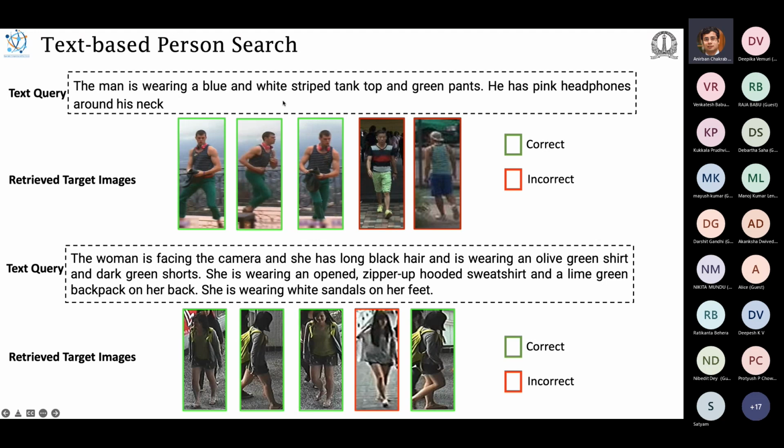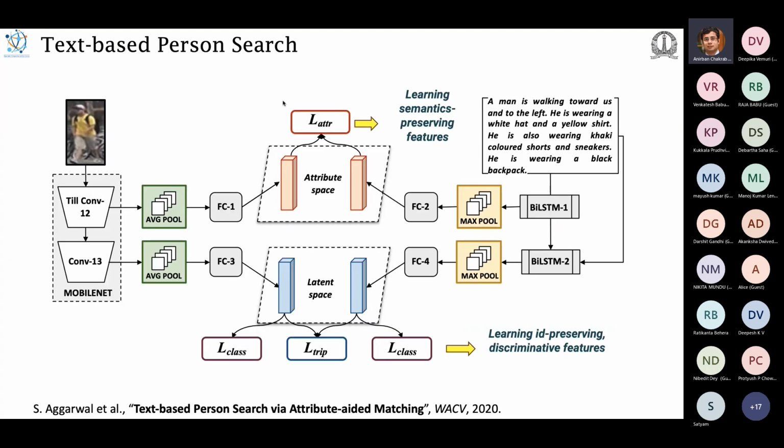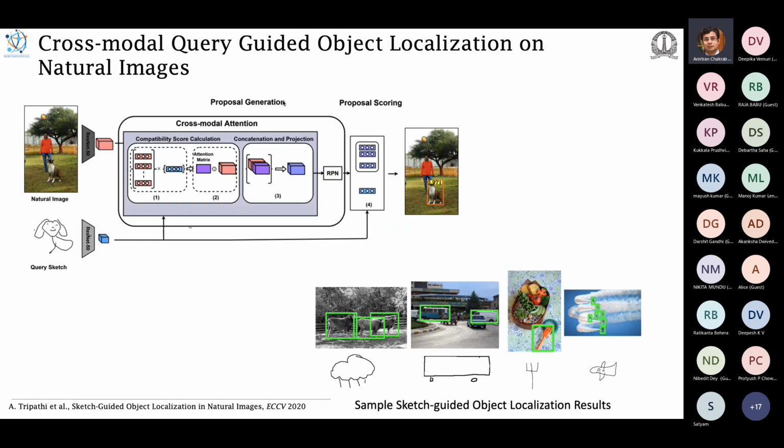With this, you need to search your gallery, basically all these cameras, and come up with the correct matches. This is the area of text-based person search, which is not only a realistic problem but very challenging as well. We proposed a solution based on joint learning on attribute space as well as latent space, which is identity preserving space, and obtained very interesting and promising results.